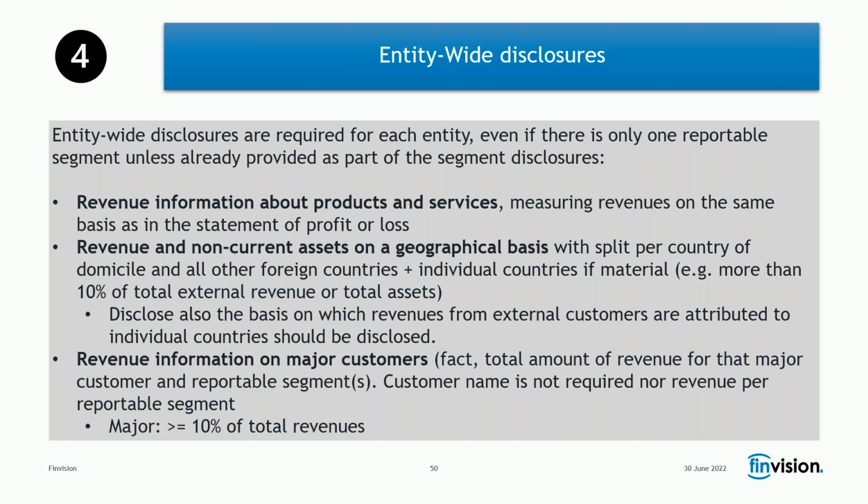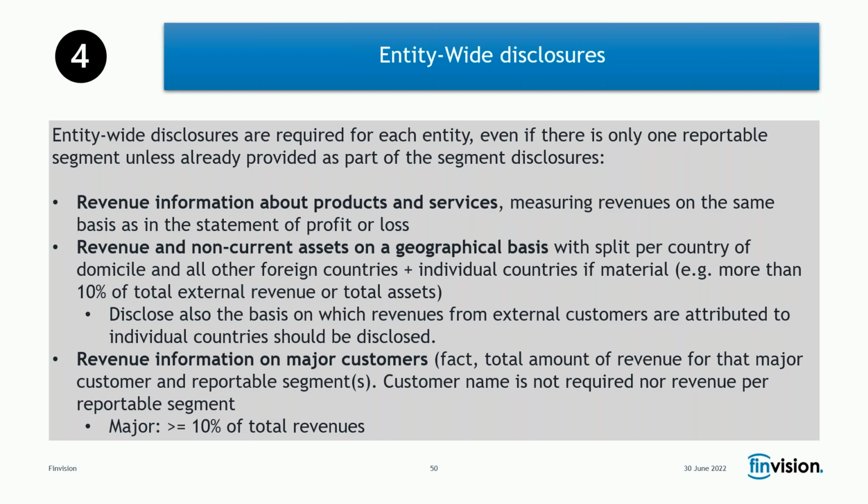Important always, you need to disclose the revenue and the non-current assets for the domicile country of the entity. So in this case, always Belgium, we have to explain it separately, even if it's not really material. And then you have your total of all other foreign countries. And every country which makes up more than 10% of the total external revenue, you need to explain separately.